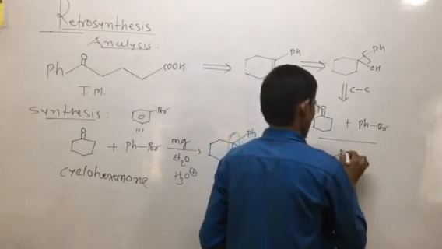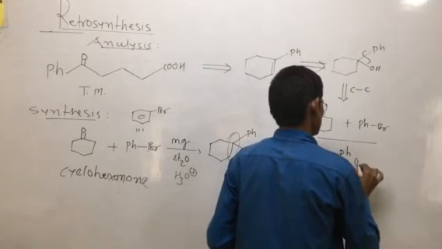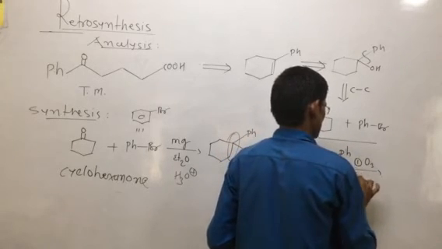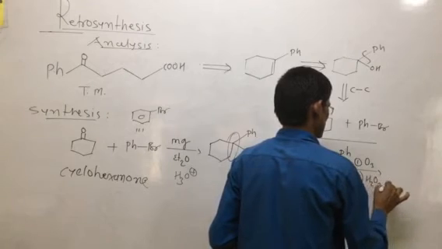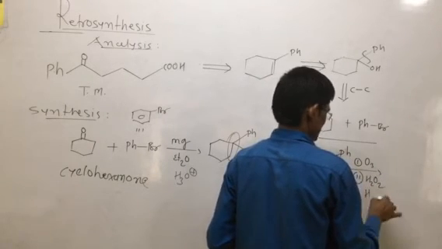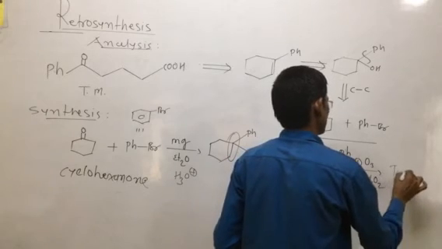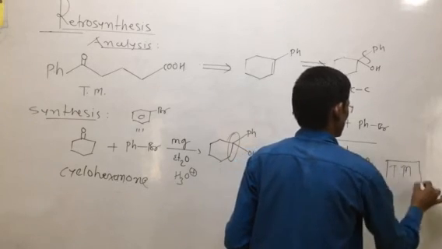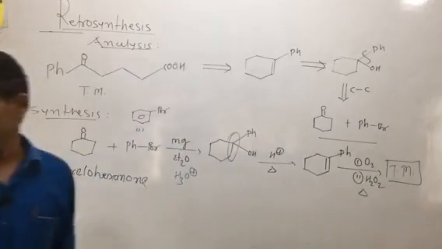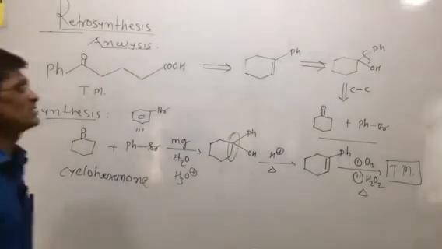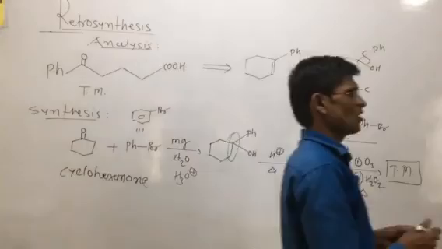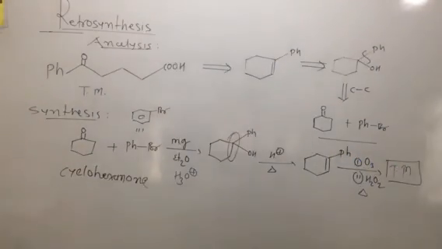Afterward we do the ozonolysis and react with H2O2, hydrogen peroxide, hydrolysis in acidic condition, and then this final step gives the target molecule. These are the analysis followed by the synthesis of the given target compound.